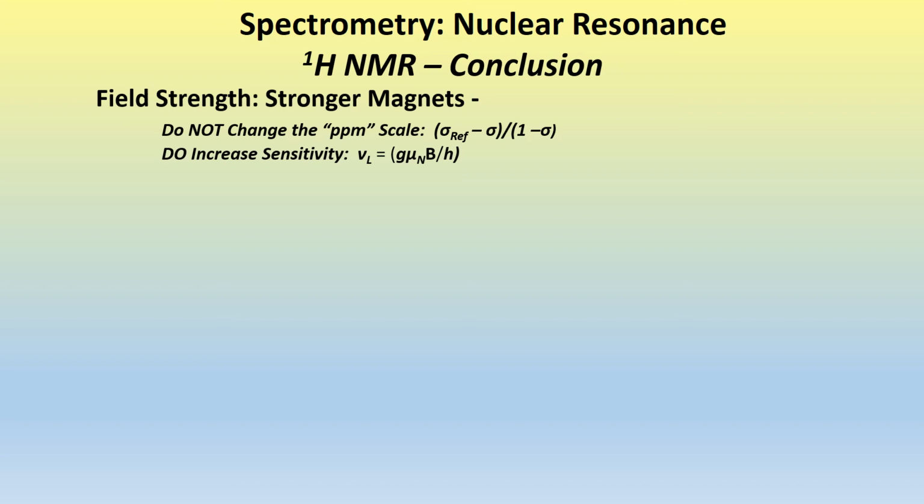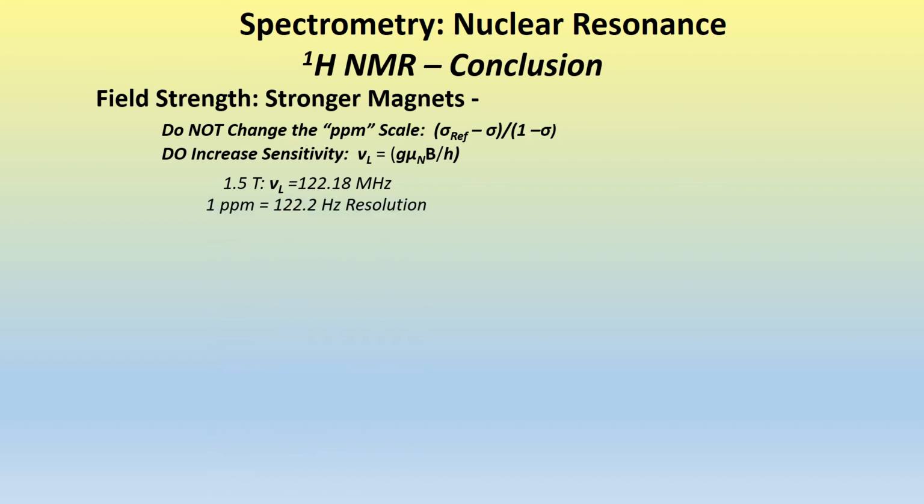The precession frequency, again, is equal to g times the nuclear magneton times the applied field strength divided by h. Everything in there is a constant except for the applied field strength. At 1.5 Tesla, a proton has a Larmor frequency of 122.1 megahertz.